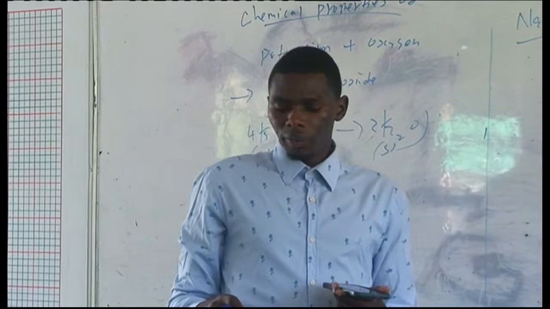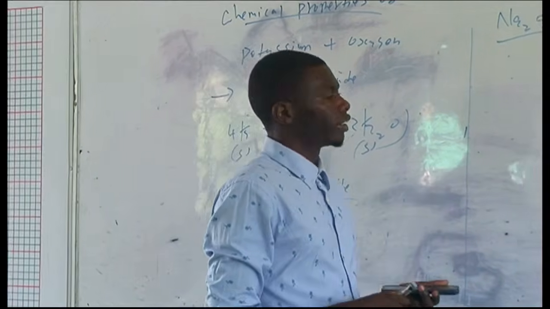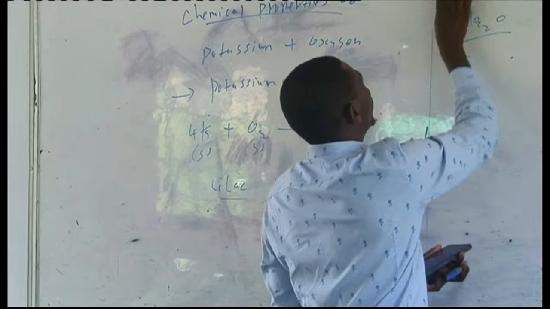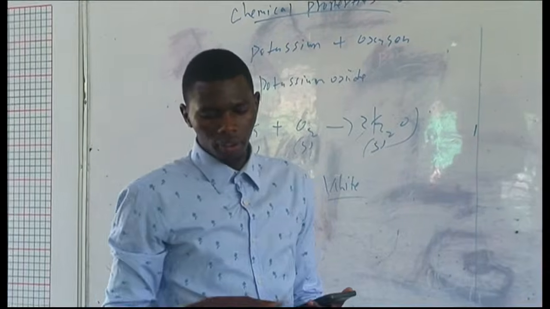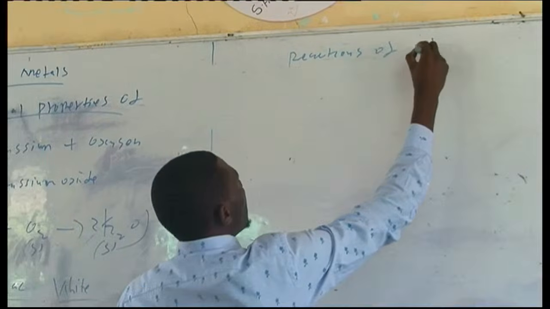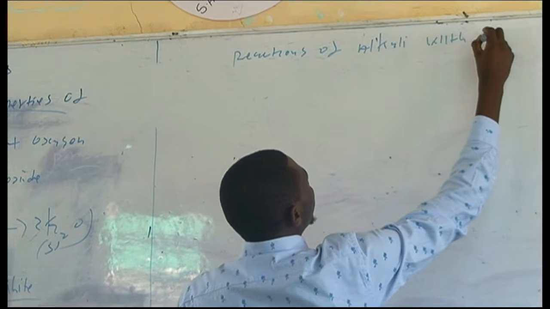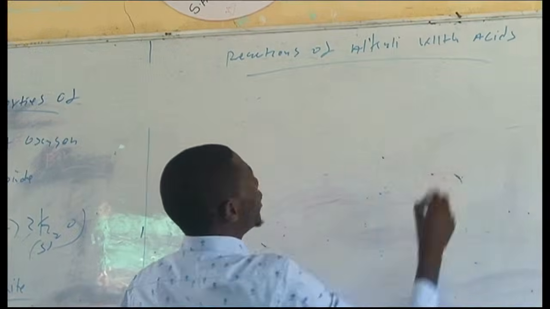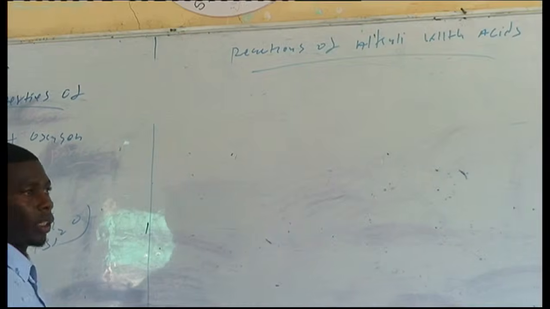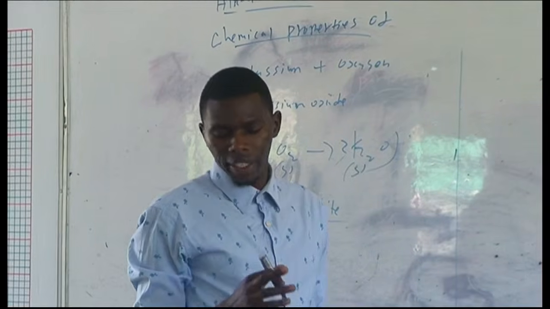We want to see how they react with acids. Reaction of alkali metals with acids. When we react alkali metals with acids, they will produce a salt and hydrogen gas.